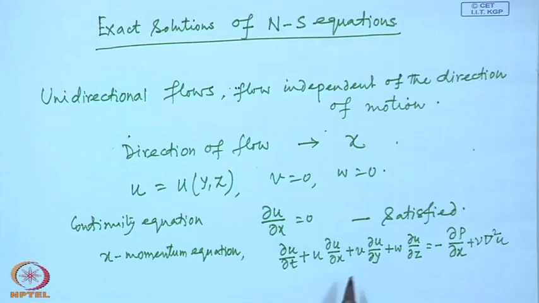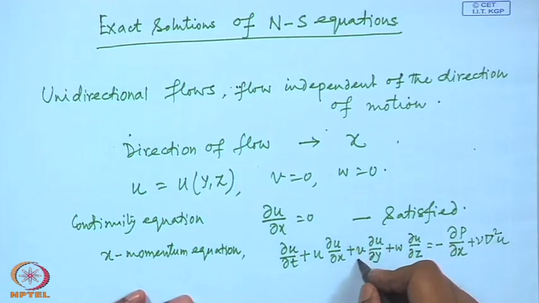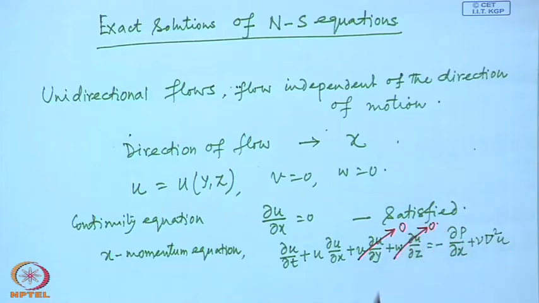Now, look here, these terms are 0, this term is 0, this term is 0, v and w are 0. So, only this remains, and in the Laplacian also only one term will remain, one term, not two terms.